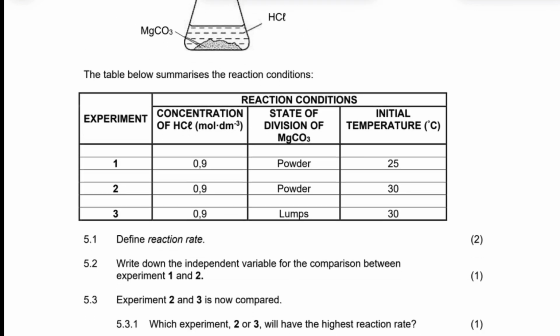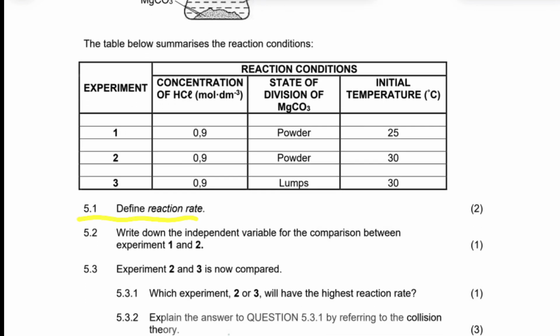All right. Now 5.1, it says define the rate. According to the exam guideline, the rate is the change in concentration of reactant or product per unit time. Now it says write down the independent variable for the comparison between experiment 1 and experiment 2.